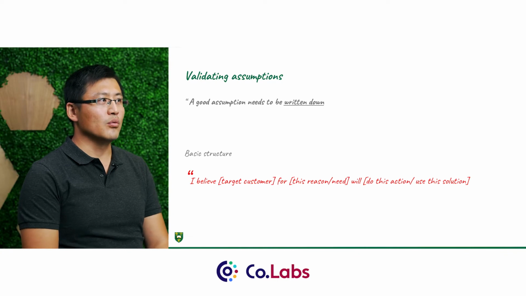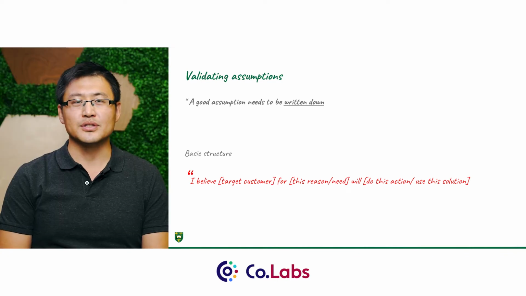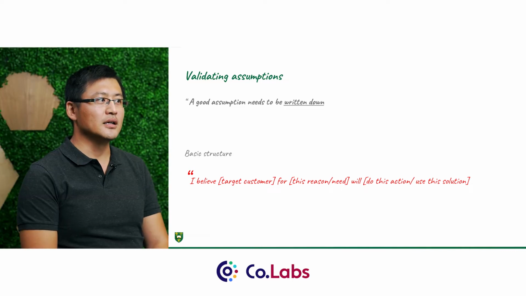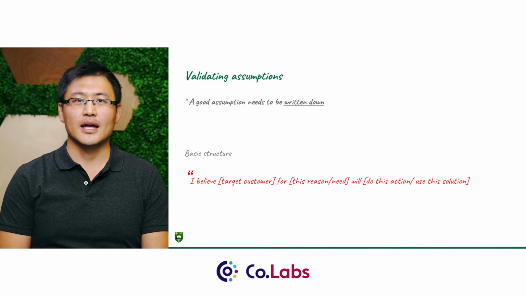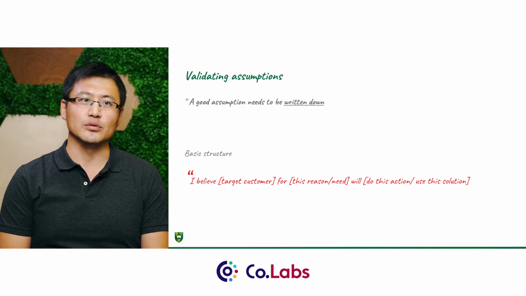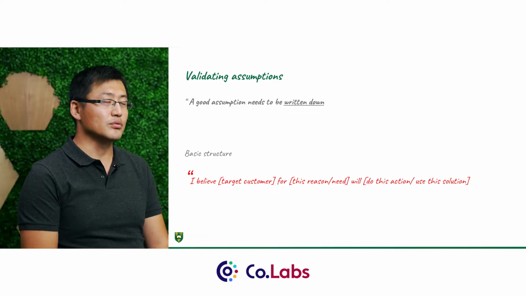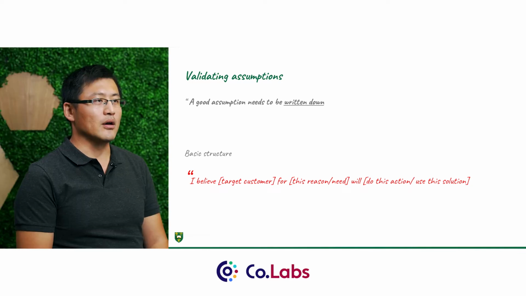First of all, we want to write down our assumptions. It's very important to know that any good assumptions need to be written down so that they're actionable. You have a lot of information at this point about your customer, about your product, and what they will do about it. It's very important to recognize that not all of those are facts yet, because we have limited data points and we want to be able to test them.